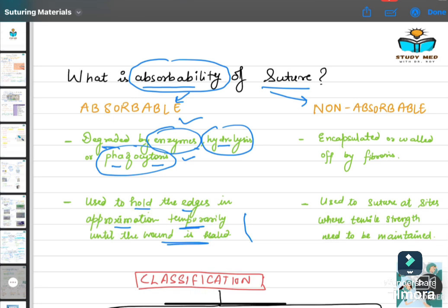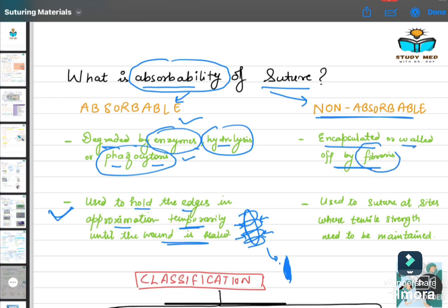Like if there is a wound and the wound edges are not approximated, we make a suture here. This material will dissolve in some time, by which point the edges are approximated and the gap is filled. Non-absorbable material is encapsulated or walled off by fibrosis.